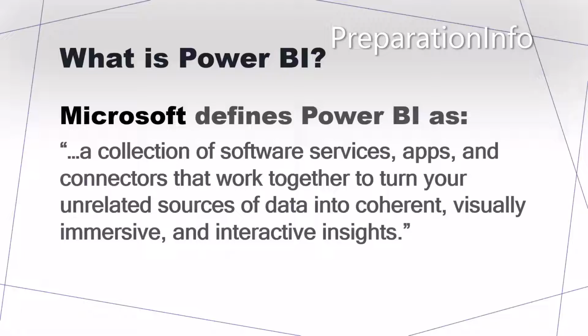environment, if I may use this word, because environment includes the hardware and software and everything in it. And then that works together to turn your unrelated sources of data. When you say unrelated sources of data, it means that normally, when you are working in Excel, you have your file and you have your data, and you prepare your pivot tables and charts and graphs and summaries and those kinds of things.